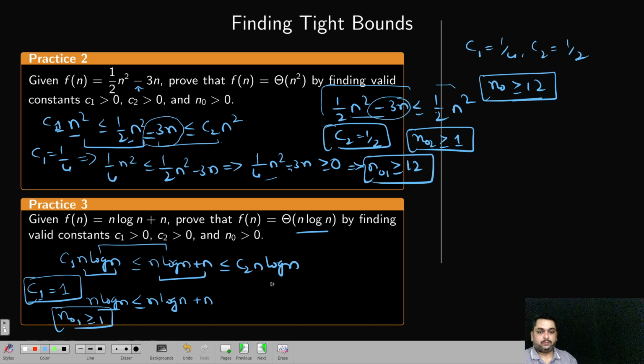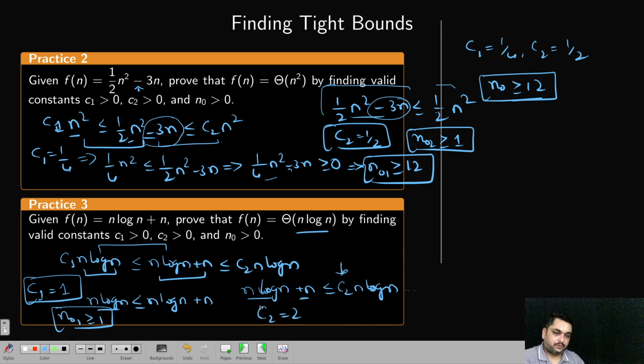Now upper bound. n log n plus n should be less than or equal to C2 n log n. If you observe here, there is a plus here. Here there is no plus. So this value C2 should be higher than this. Okay, let us choose 2. C2 is equal to 2, and find the n naught value.